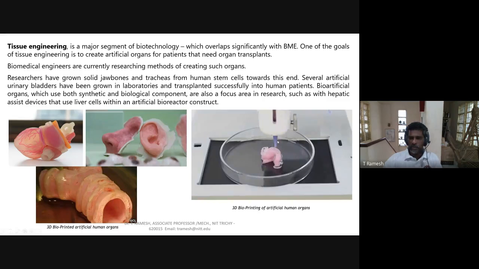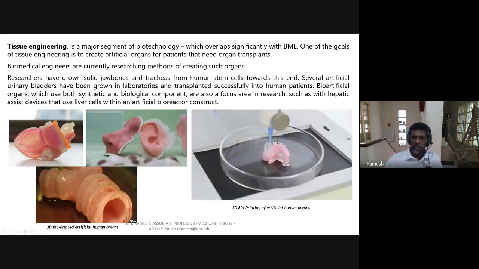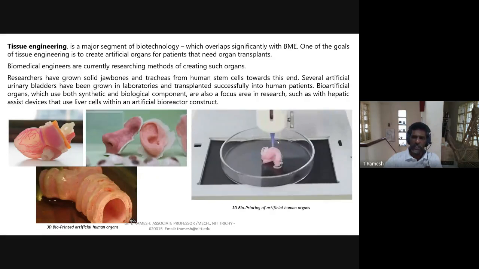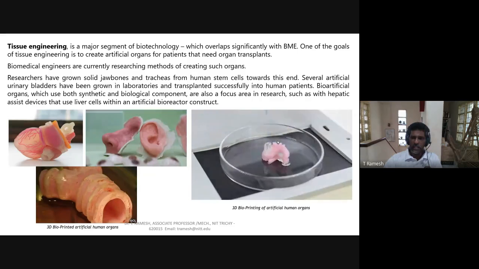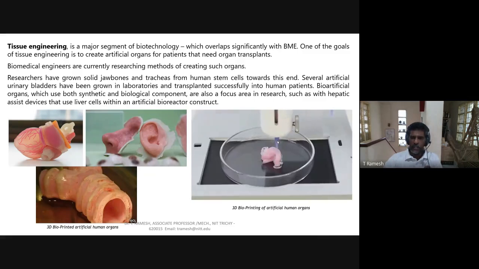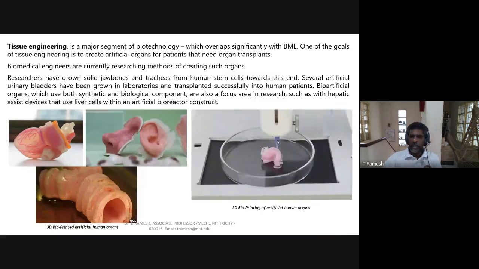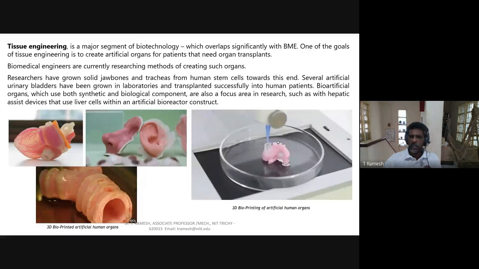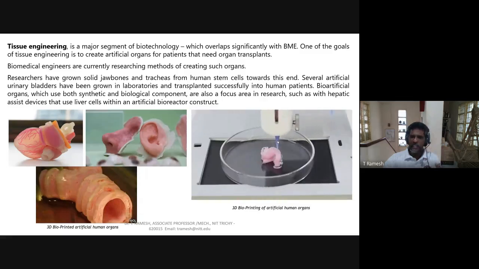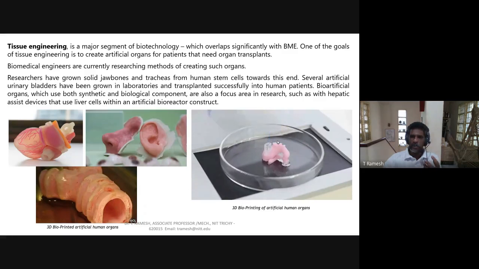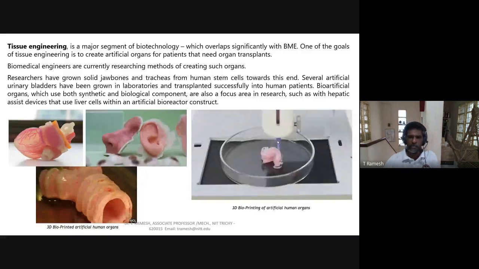There are very low-cost printers available nowadays. Even for 10,000 to 15,000, you can get your own printer, by which you can really see the design that you have in your mind. That will be converted into 3D objects, and even functional objects can also be printed.